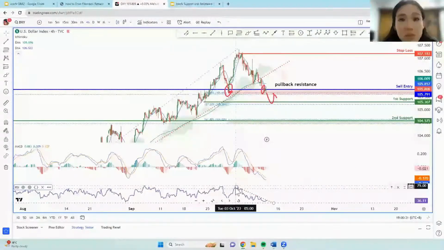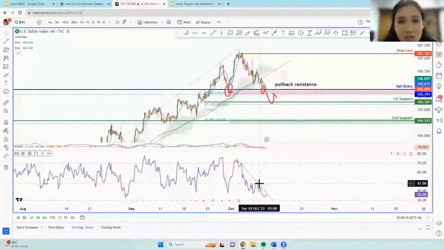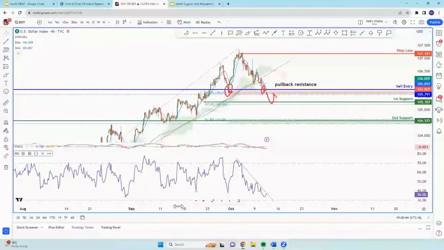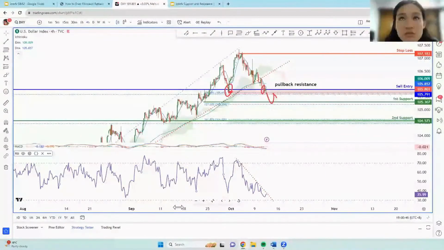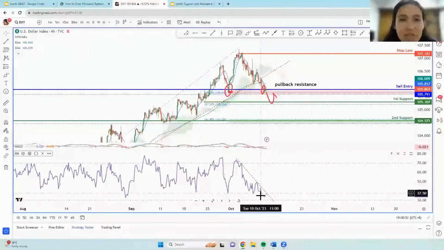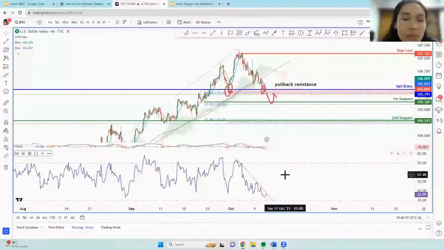If it's above the upper band, it's overbought, so we can expect it to drop, as you can see here. If it's below the lower band, it's oversold, so we can expect it to go up.